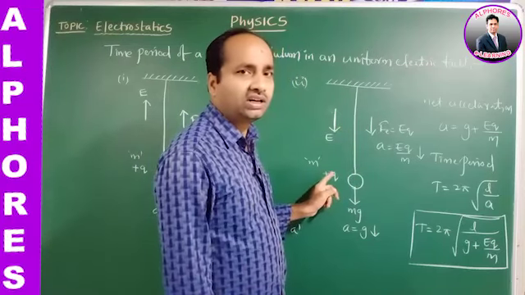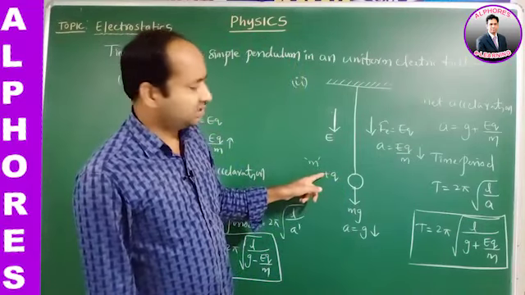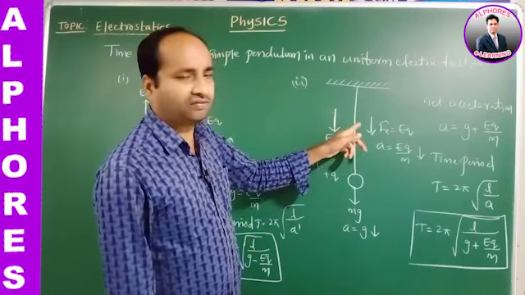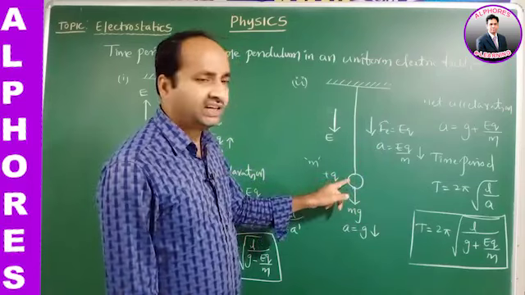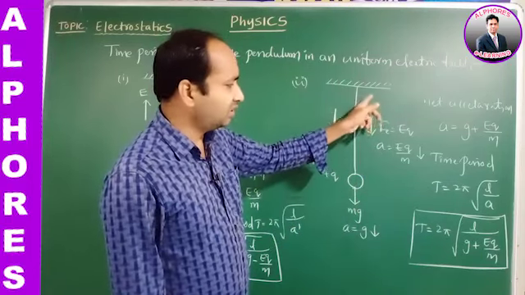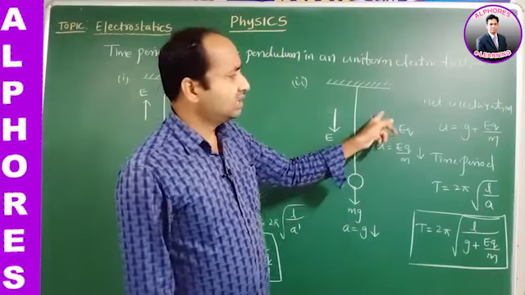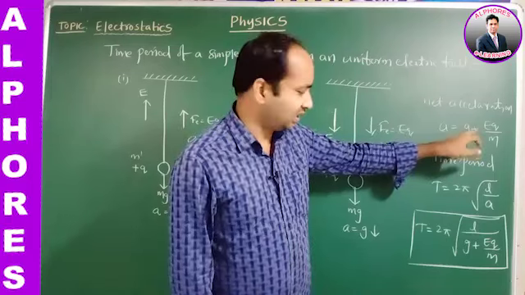Again the direction of force is reversed, opposite to the electric field. Positive charge means force downwards, but if it is a negative charge, the force is upwards. Then acceleration due to gravity is downwards and acceleration due to the electric field is upwards.